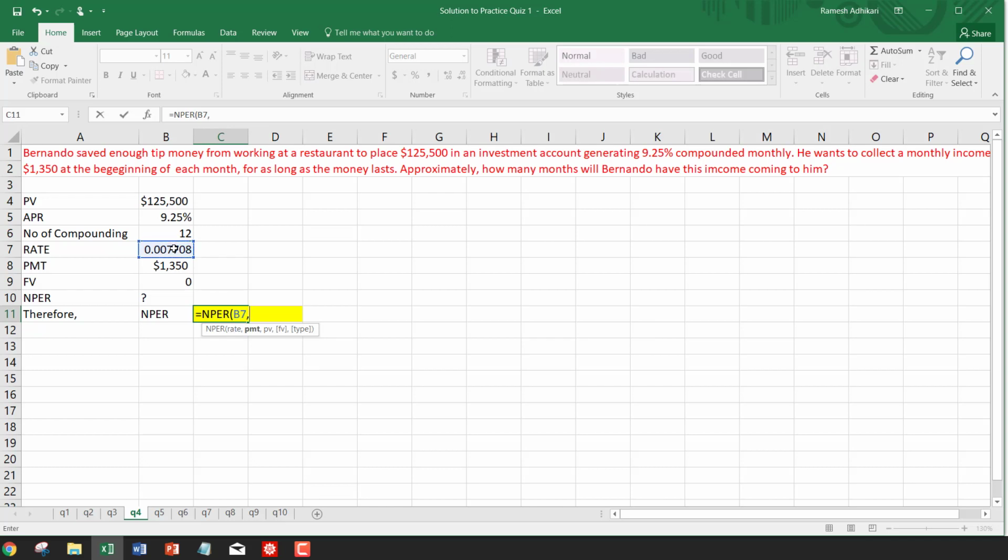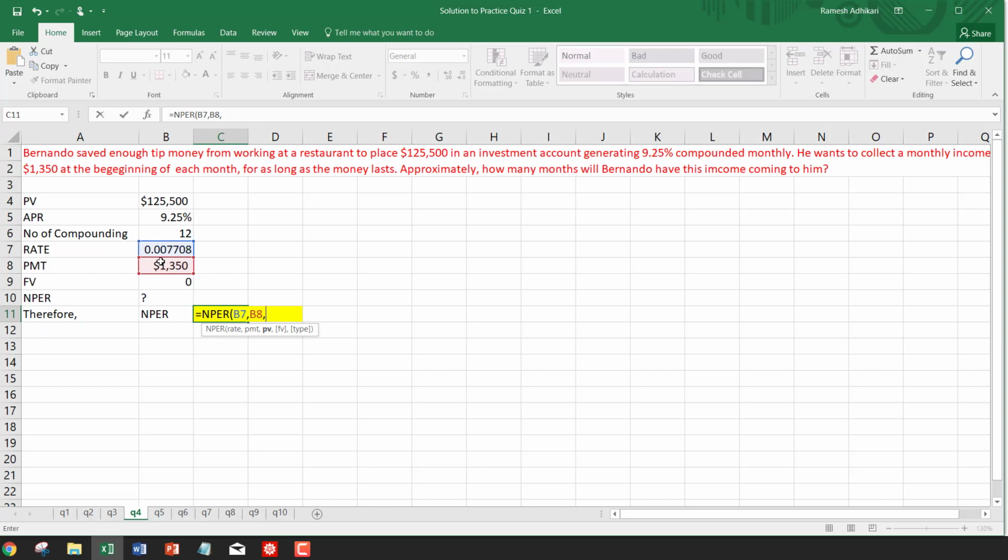Whether this payment has to be positive or negative, keep this in mind, depends on whether that money is coming to you or going out. So he's withdrawing that money, right? So that is positive, the payment is coming to him. So that's PMT, positive, right?